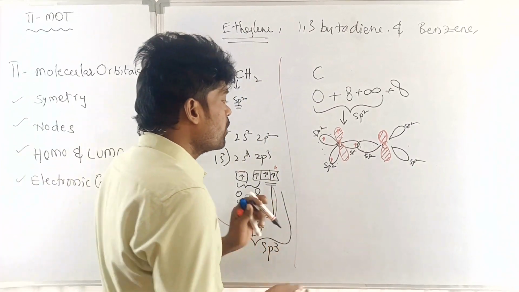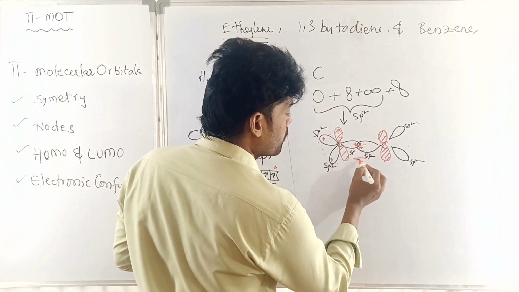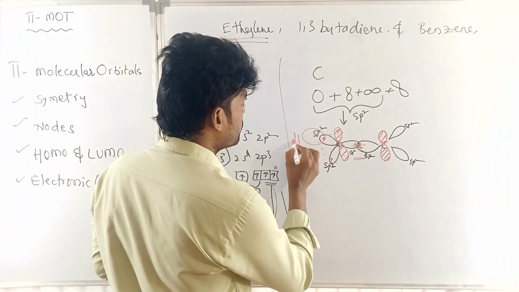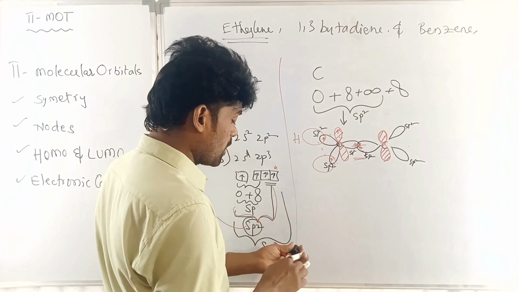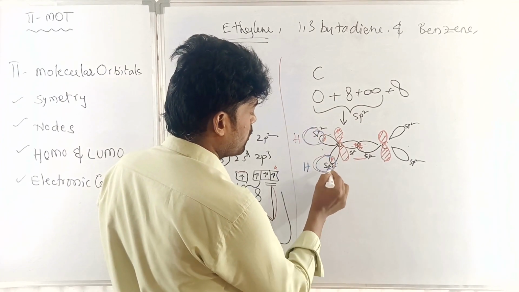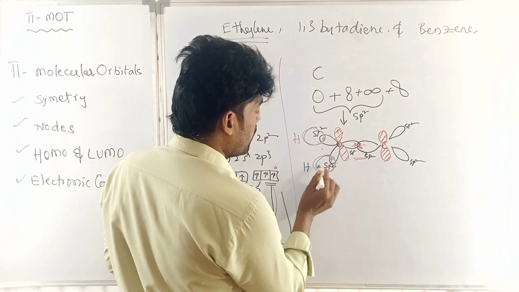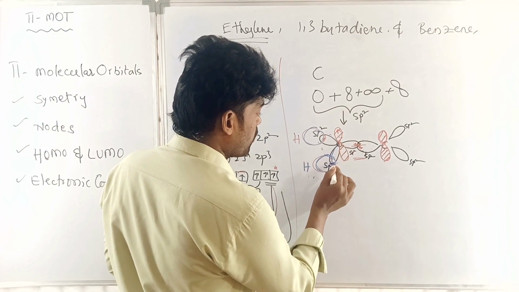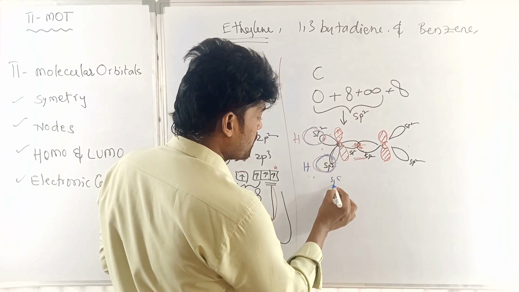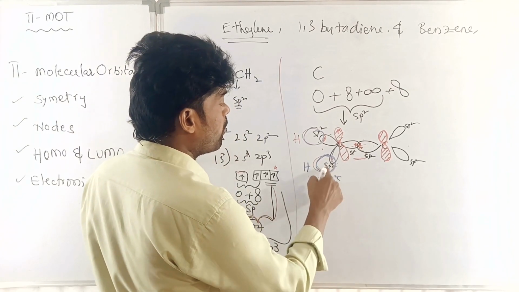Right? Now, here there is a bond between carbon-carbon, an sp2-sp2 bond, we can call it, and here hydrogen will come. Here also hydrogen will come. Hydrogen s orbital is bonded with sp2 orbital of carbon. Okay, carbon sp2, hydrogen s-sp2 bond is there.